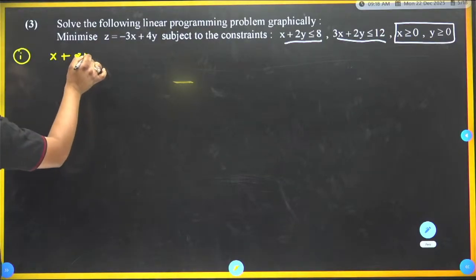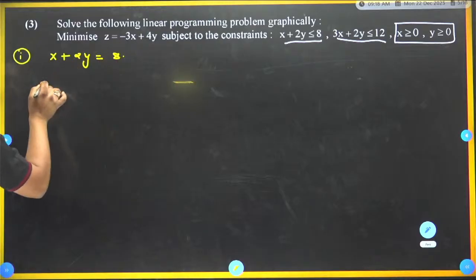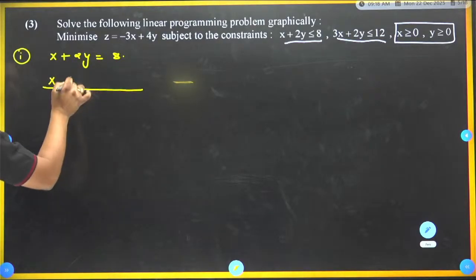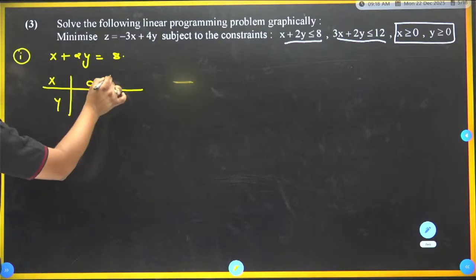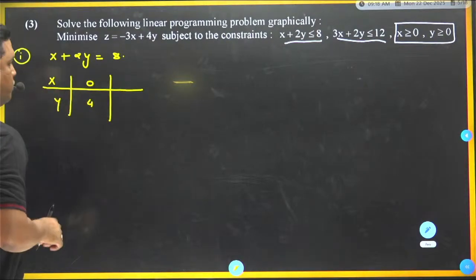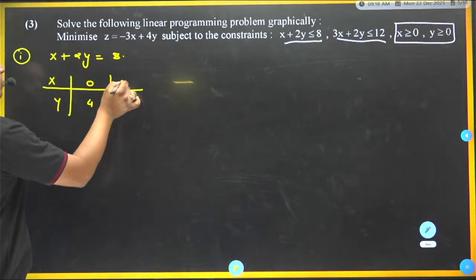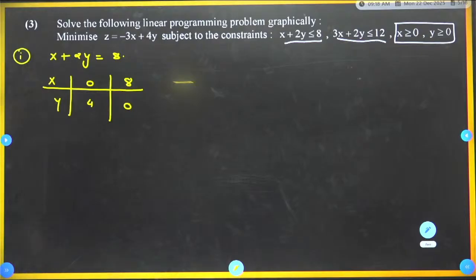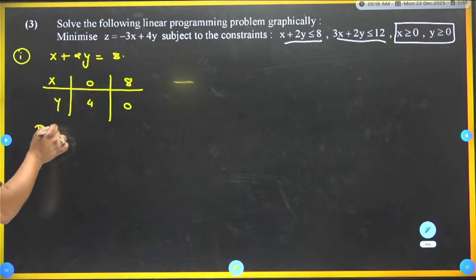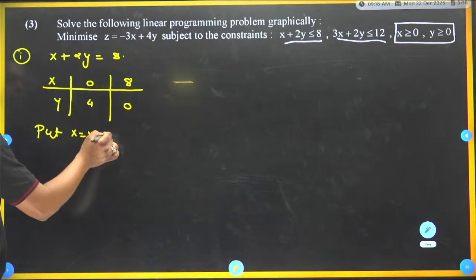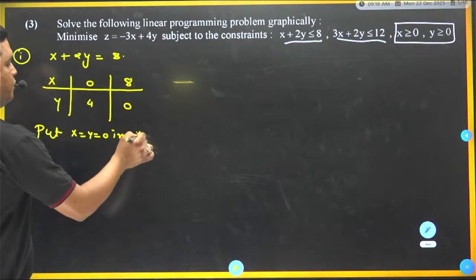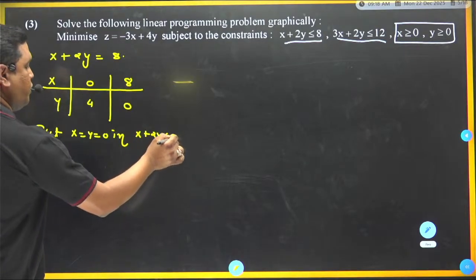So first one, let x plus 2y equal to 8. The procedure always remains the same. First time x is 0, y is 4; y is 0, x is 8. Now put x equal to y equal to 0 in x plus 2y less than or equal to 8.